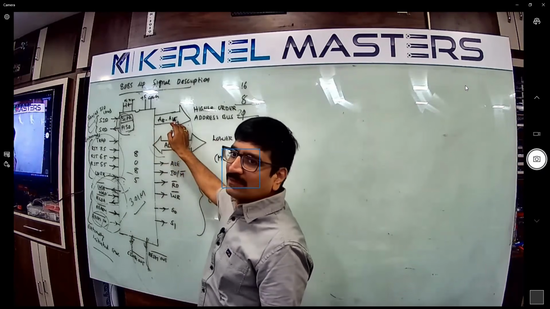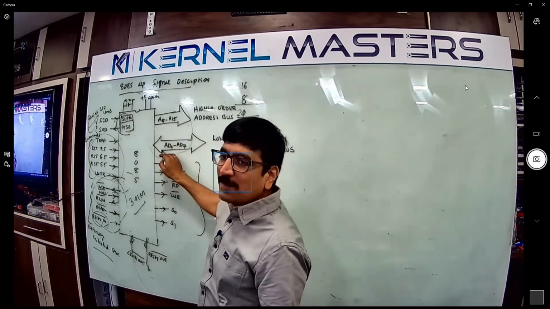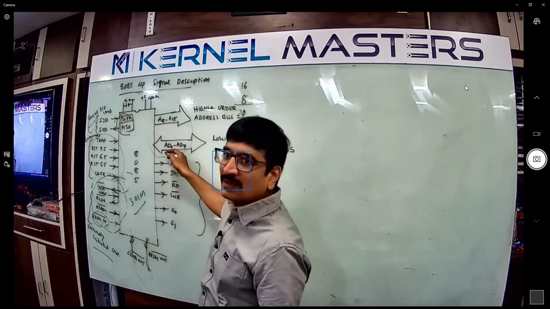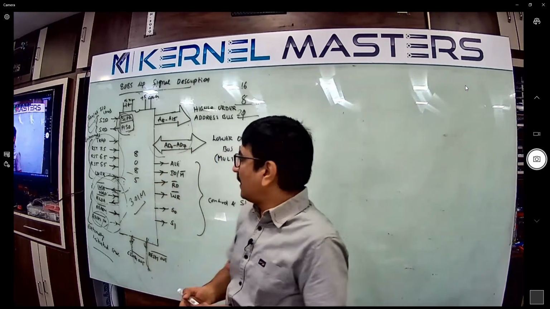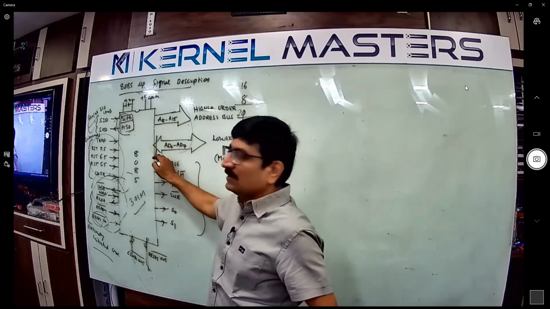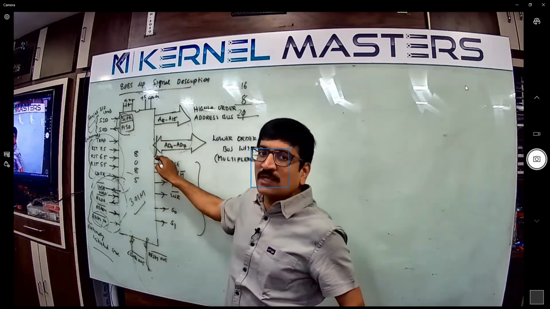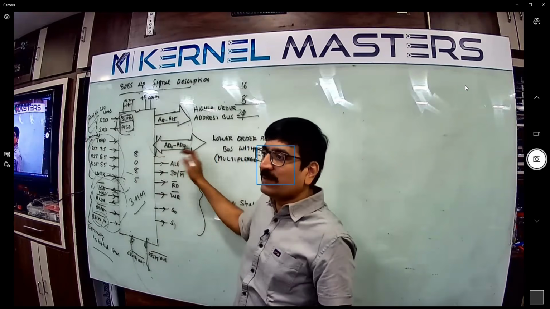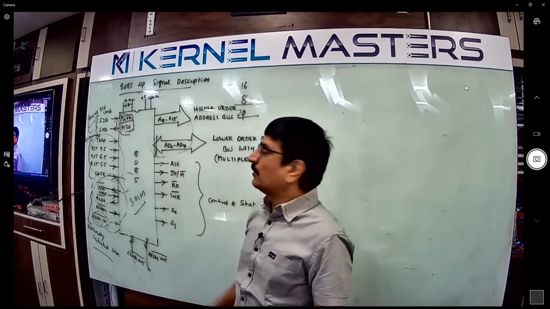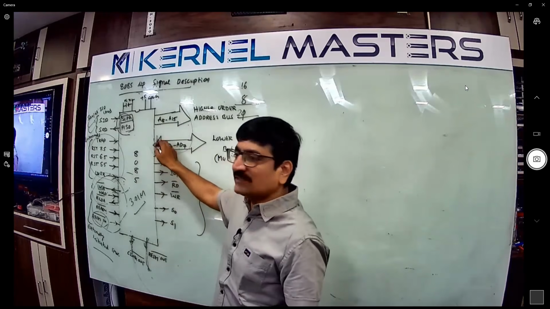Understood, everyone? The lower address lines are combined with the data lines, multiplexing only. Here 8 lines are the physical 8 lines only. These 8 lines you can use as the lower address lines as well as the data bus. Multiplexing. Because of the multiplexing, how many wires are there? 8.